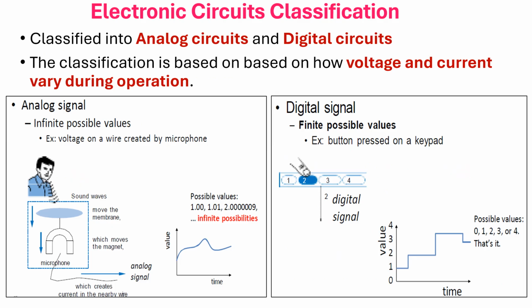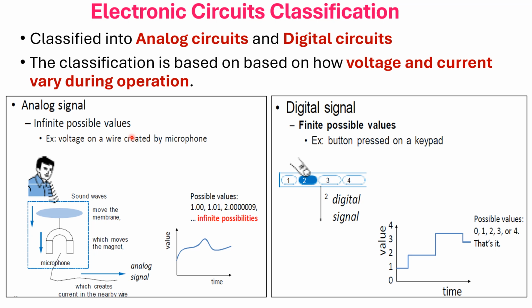Electronic circuits are majorly classified into two, analog circuits and digital circuits. This classification is based on how voltage and current vary during the operation. The first picture shows the analog signal, which has infinite possible values.